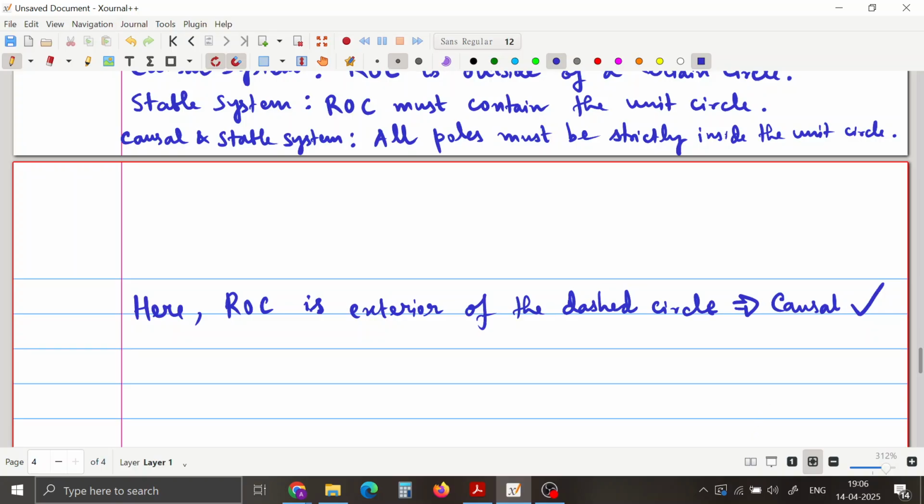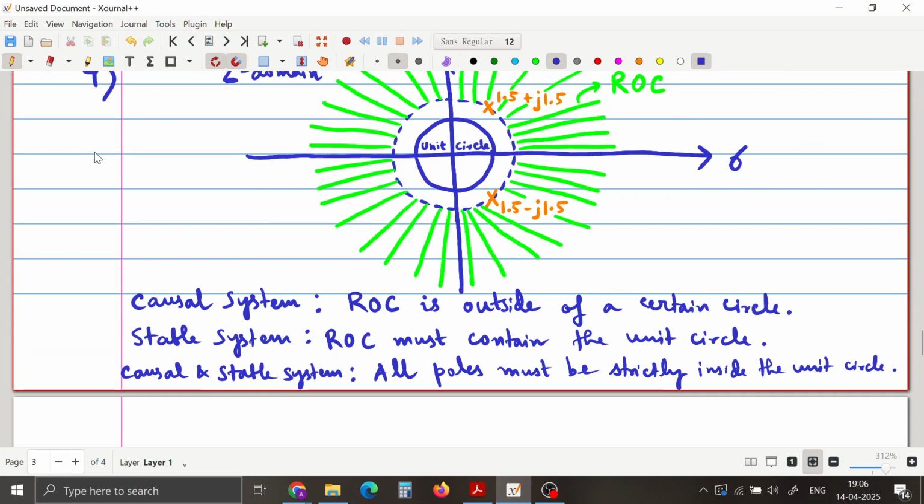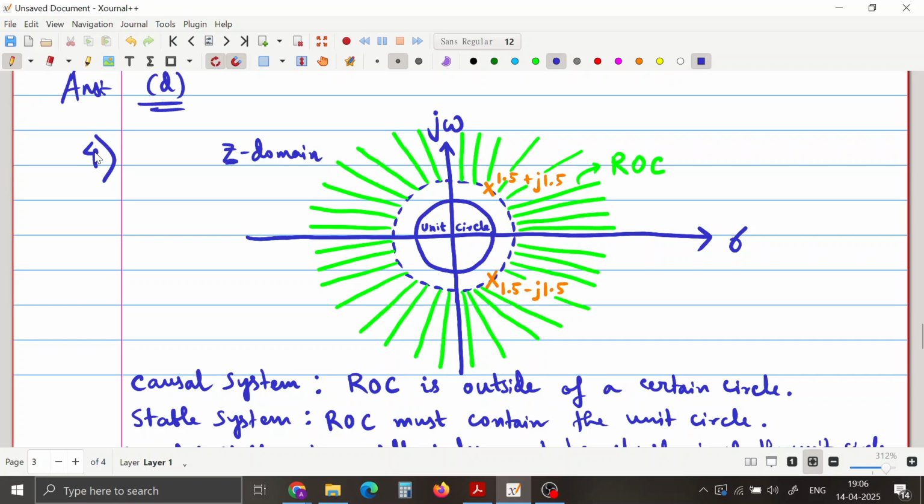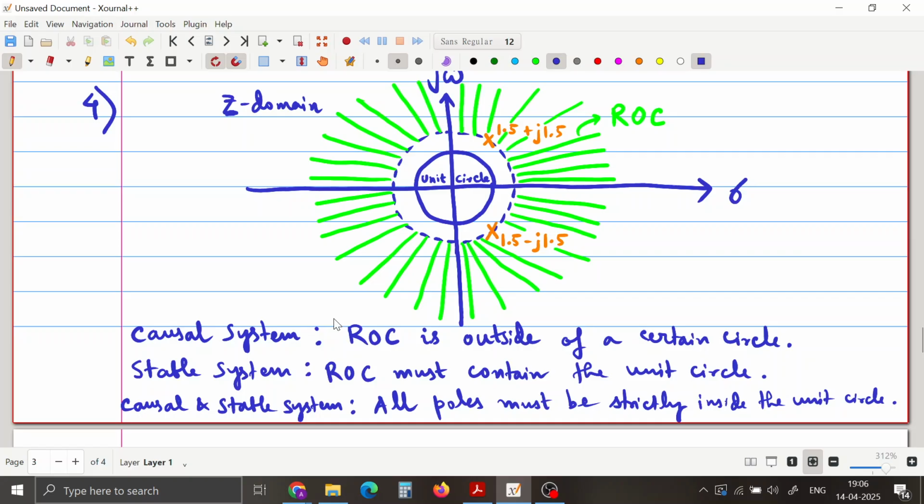And what about the stability? You can see that the ROC, which is the green shaded region, is not containing the unit circle. They are disjoint.